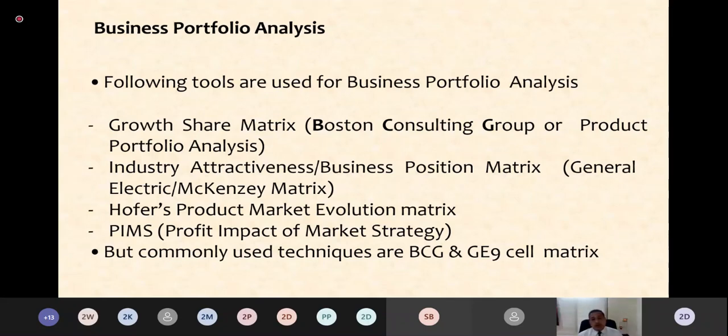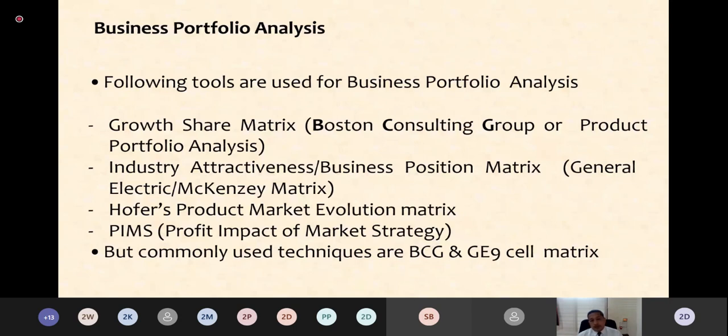Secondly, industry attractiveness or business position matrix, that is the General Electric or McKinsey matrix. Then Hofer's product market environment mix, then PIMS, the profit impact of market strategy.